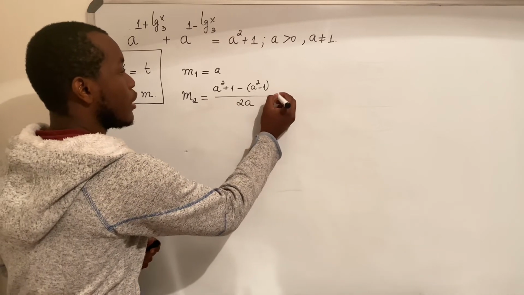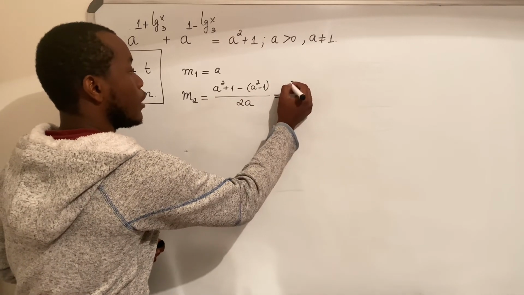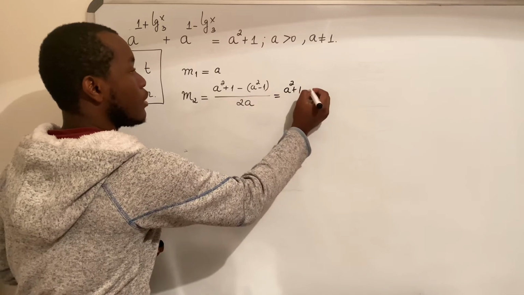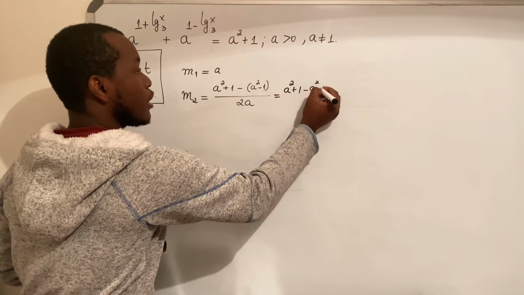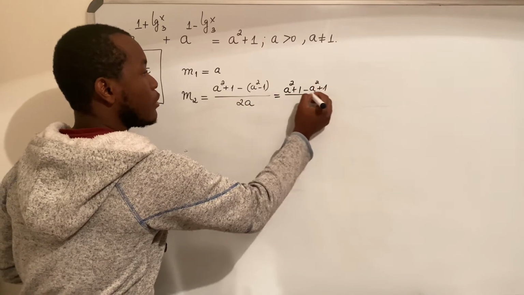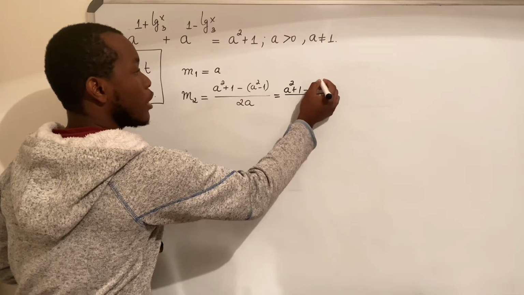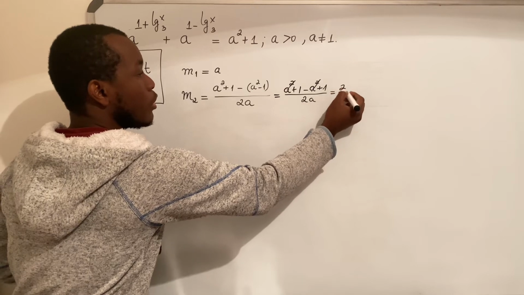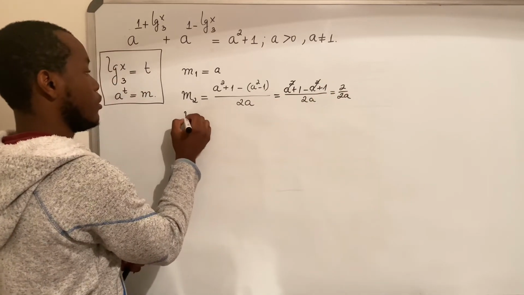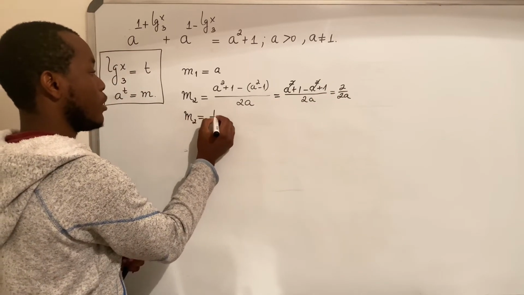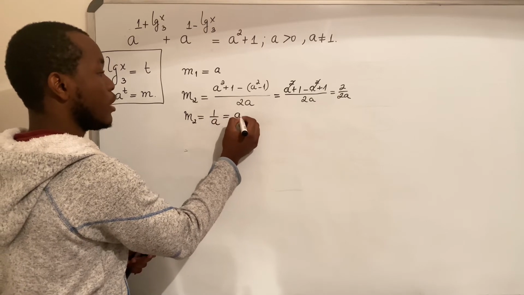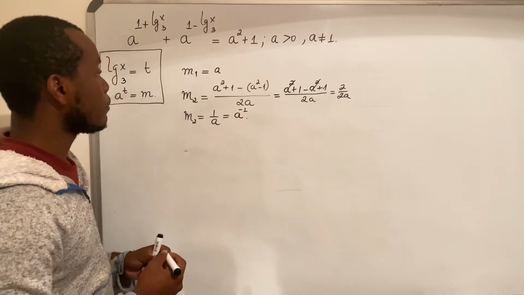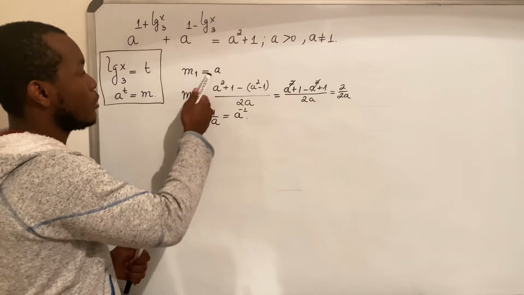Now by using the negative one, we have a squared plus 1, this negative enters, a squared becomes negative and 1 becomes positive, over 2a. We cancel a squared because they're symmetric, 1 plus 1 is 2, so we're going to have 2 over 2a. So m2 is going to be 1 over a, which is the same as a to the power minus 1. So we have m1 equal to a and m2.